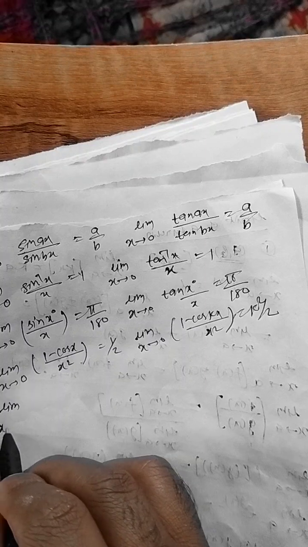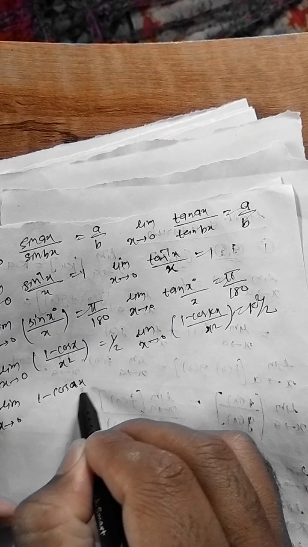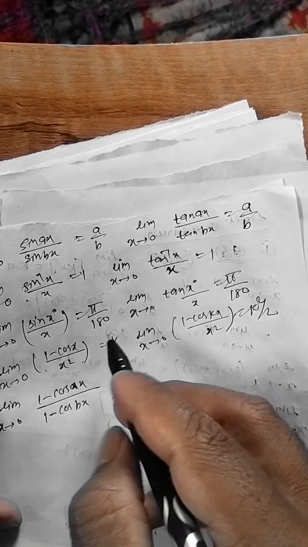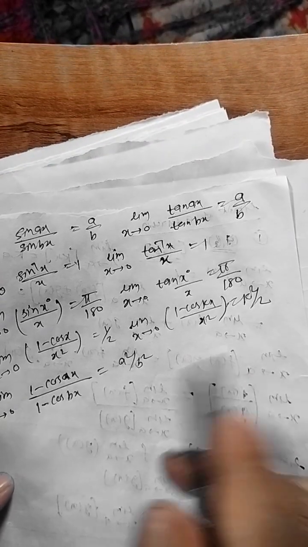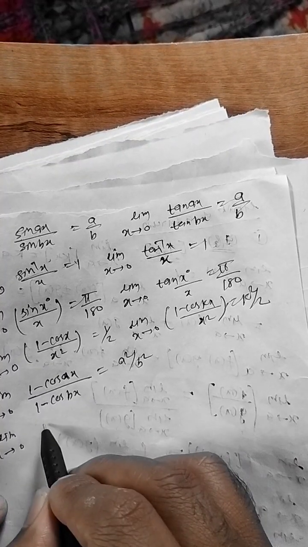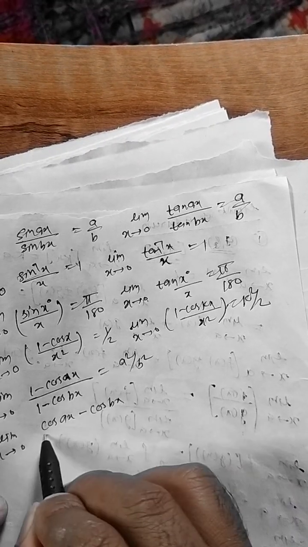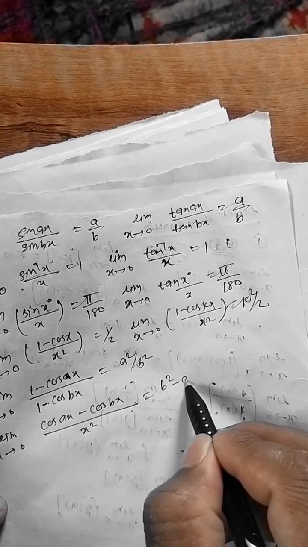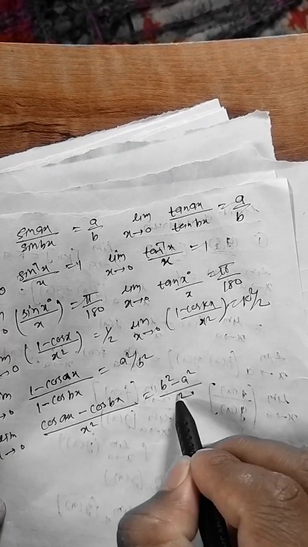Limit x tends to 0 (1 minus cos ax) upon (1 minus cos bx) equal to a square by b square. Limit x tends to 0 (cos ax minus cos bx) upon x square is equal to (b square minus a square) by 2.